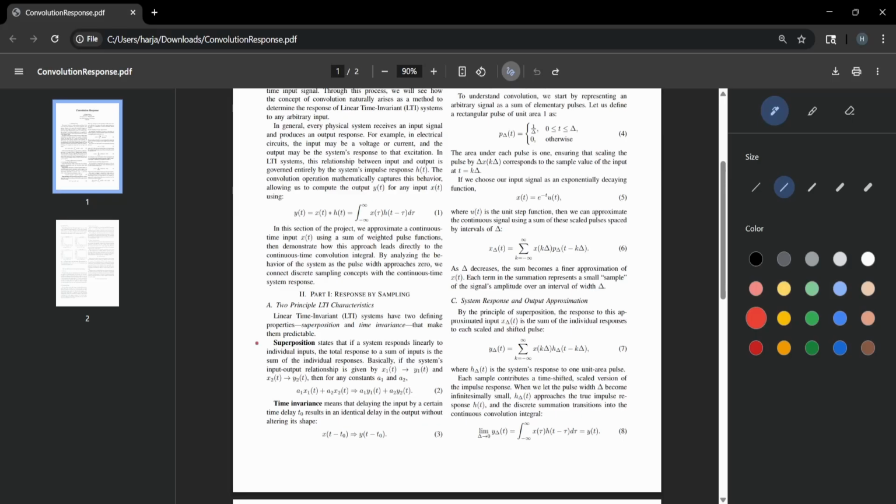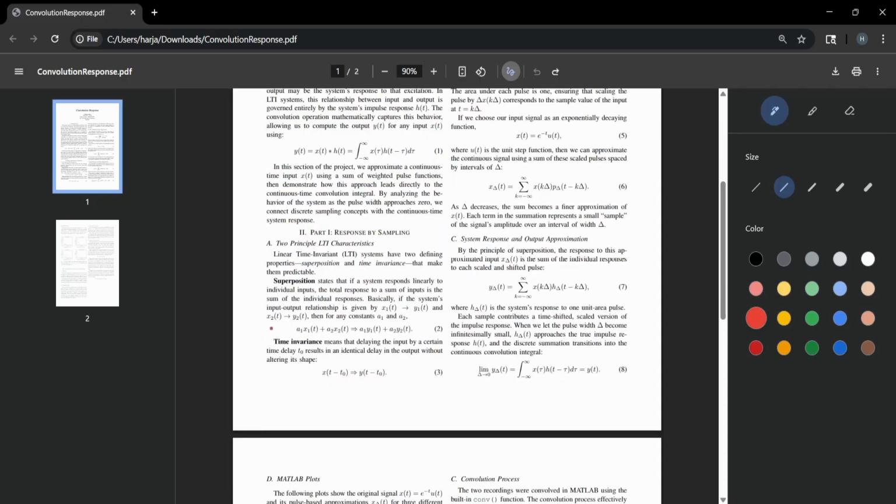Superposition means that if an input x of t can be represented as a sum of smaller signals, the system's total output is then simply the sum of the individual responses to those smaller signals, written mathematically as such.